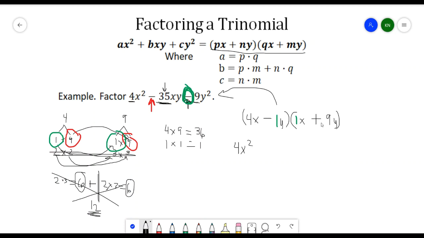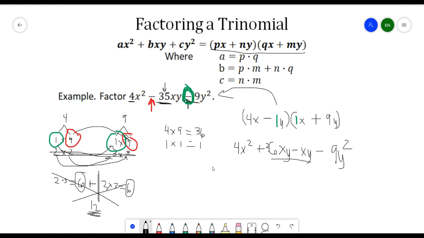And then 4x times 9y is positive 36xy. Negative y times x is negative xy. Negative y times 9y is negative 9y squared. So if you combine this, this is equivalent to positive 35. So this sign here does not work, or does not equal our expression.